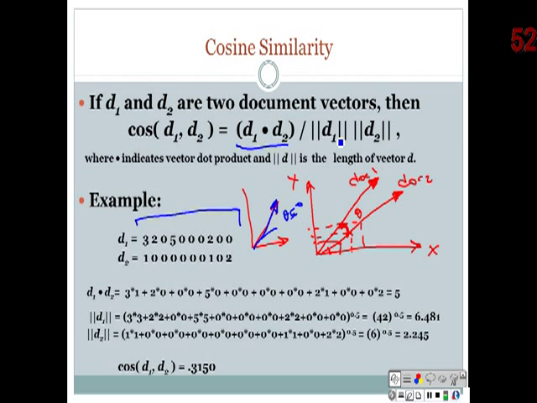And I have another document that mentions it 3 times, but it has only 100 words. So which one is more important? Of course, the one that mentions it only 3 times, because the total number of words in that document is 100, which is smaller. So that's the kind of normalization that we talked about previously.